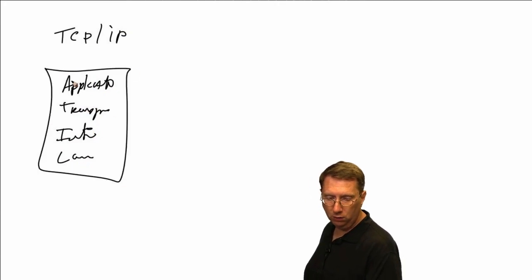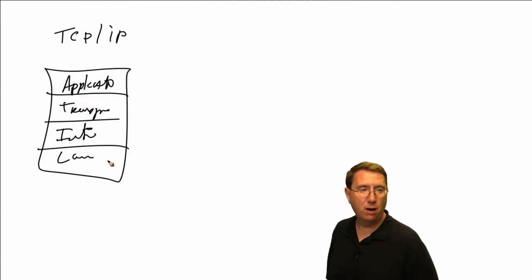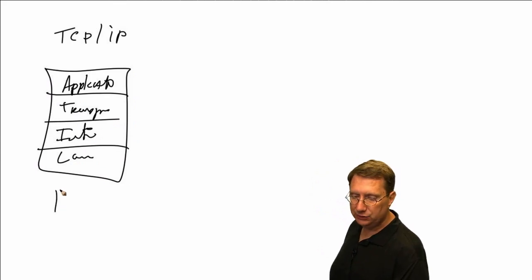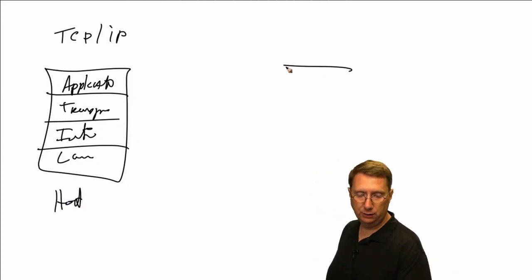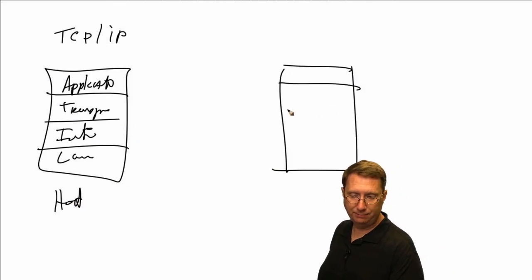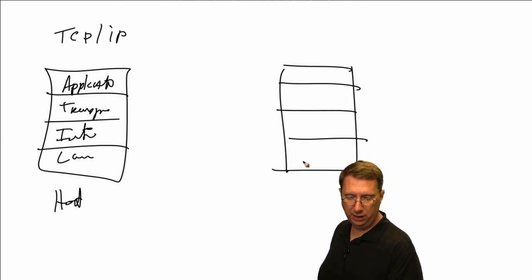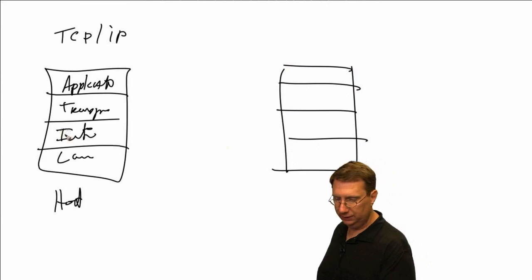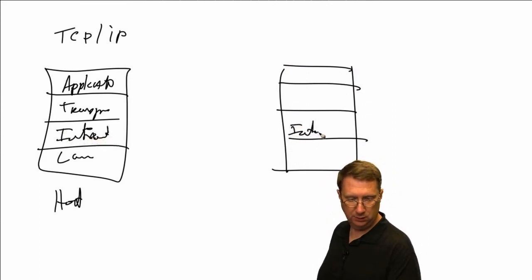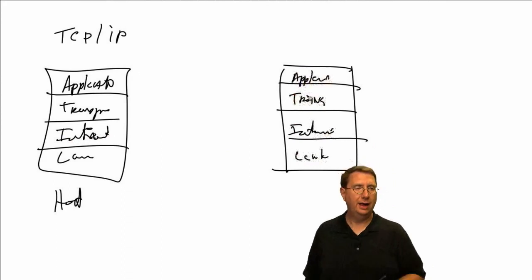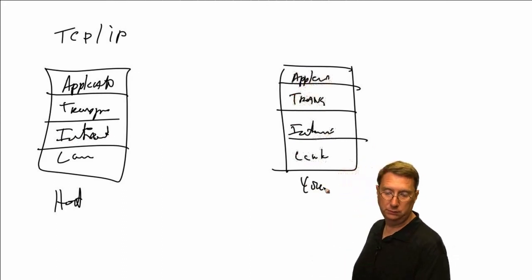So these are the 4 layers of this model. Now this is on my host, so on my PC, my computer, and I want to talk to another computer. Application, transport, internet, link, transport, and application. All right, and this is on your computer.